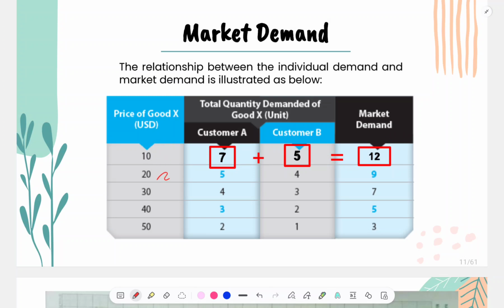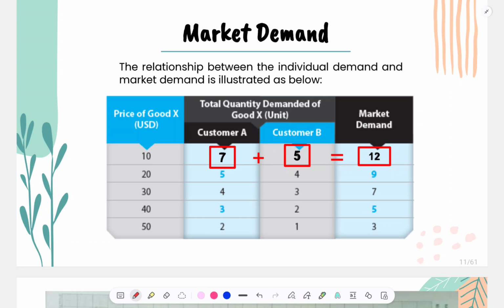When price goes up to $30, customer A demands 4 units and customer B demands 3 units. The total market demand will be 7 units. At 50 ringgit, customer A demands 2 units and customer B demands 1 unit, and our total market demand is 3 units.